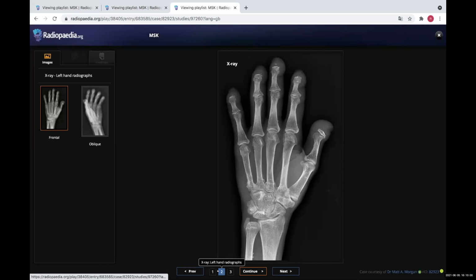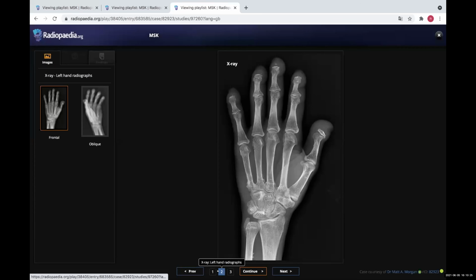Okay, so about the differentials, congenital conditions like pycnodysostosis, then it can be metabolic, including hyperparathyroidism, or it can be due to heavy metal poisoning. So based on the clinical scenario, I'll be narrowing my differentials.